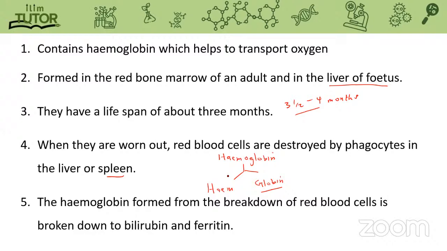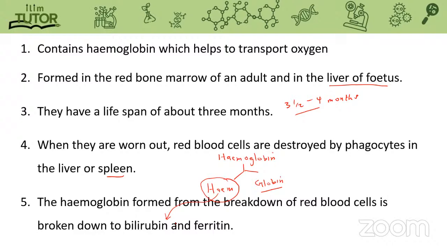So while the protein part of the hemoglobin may be recycled, or broken down to amino acids, and from amino acids to urea, the heme group, I wouldn't say follows the same fate, but the heme group is that particular organic compound that is excreted as bilirubin, okay? And you may wonder what bilirubin is.